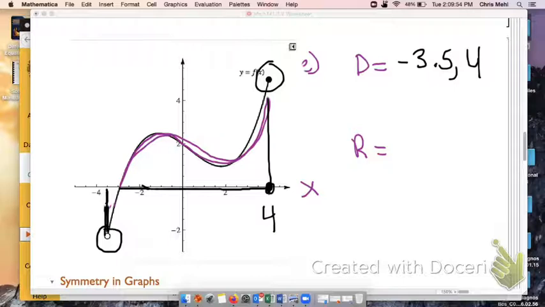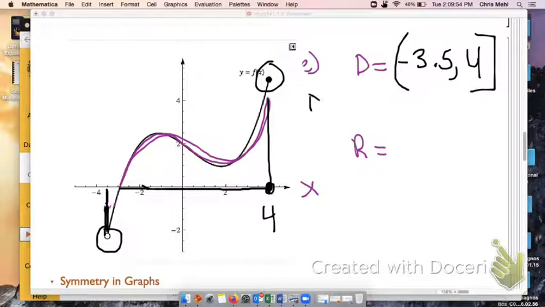Since negative 3.5 is not in the domain, you write a parenthesis, and since positive 4 is in the domain, you write a closed bracket. Parentheses mean to exclude a value; brackets mean to include a value. This interval means the domain is all numbers greater than negative 3.5 but also less than or equal to 4.